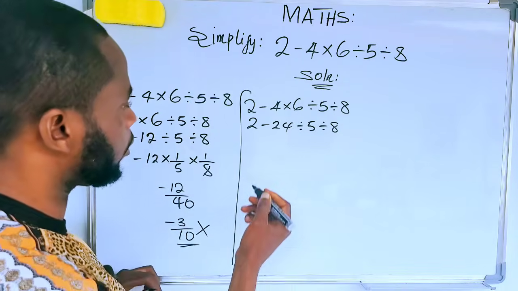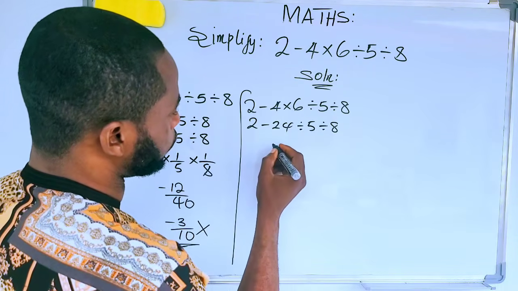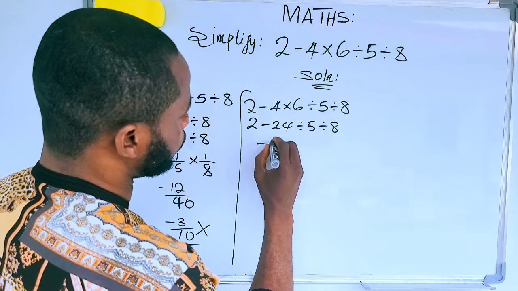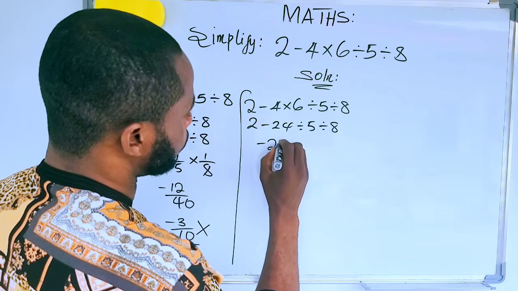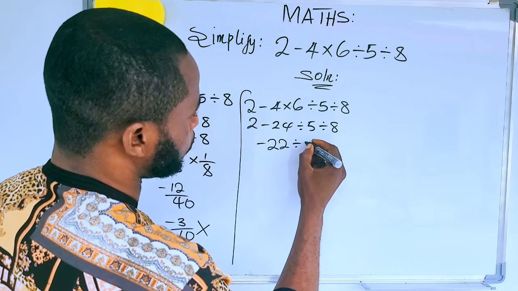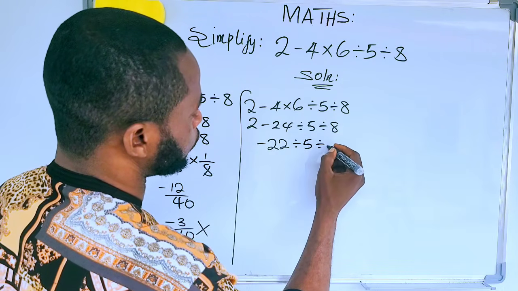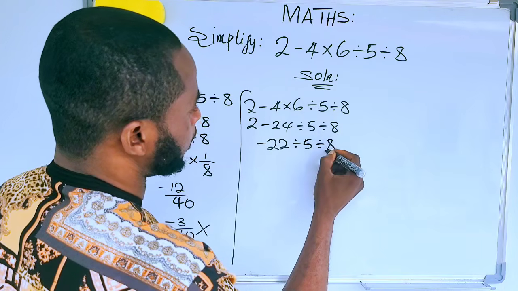Then right here, we have 2 minus 24, that will give minus 22 divided by 5 divided by 8.